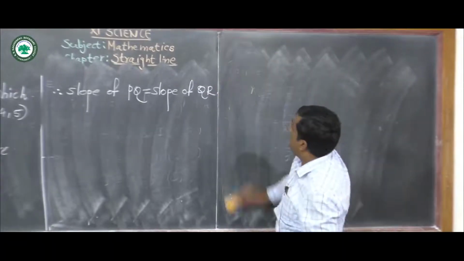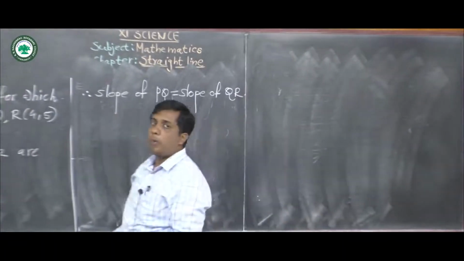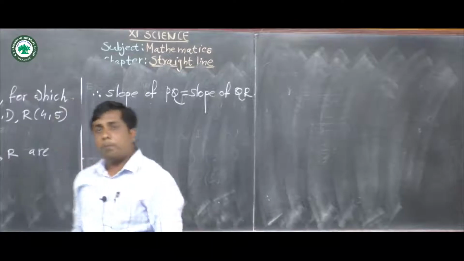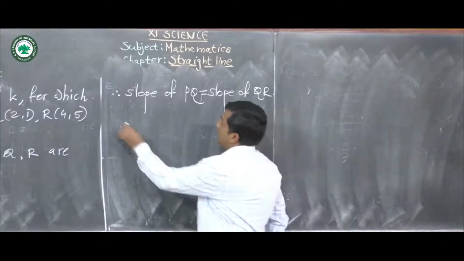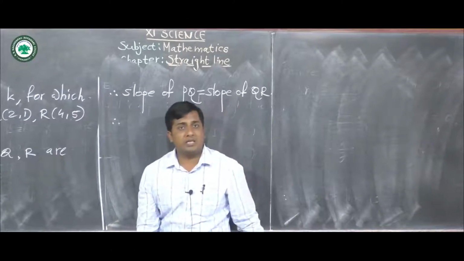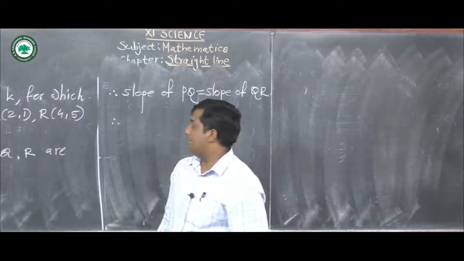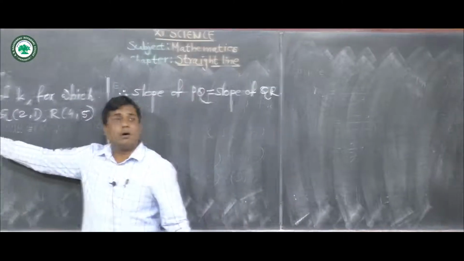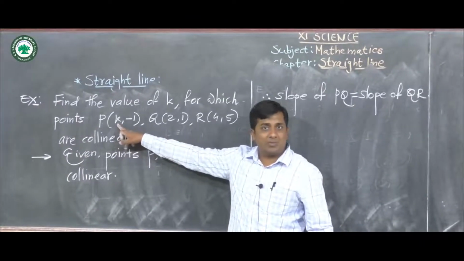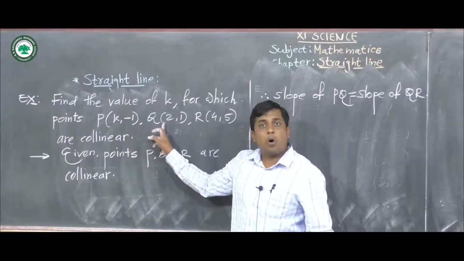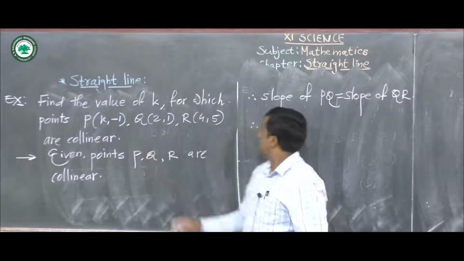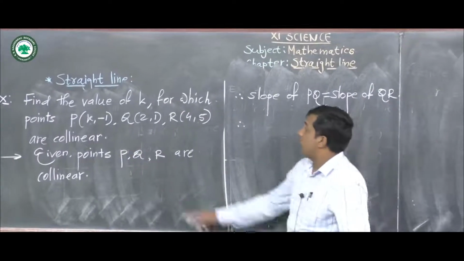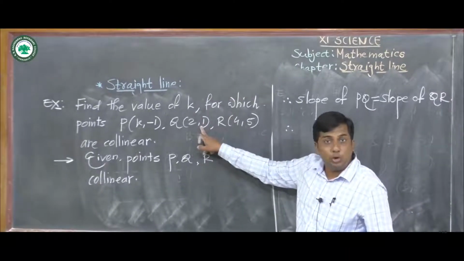Now we know how to find the slope of PQ and the slope of QR, using our formula y2 minus y1 upon x2 minus x1. Let us consider the coordinates of point P as x1, y1 and the coordinates of point Q as x2, y2. To define the slope we consider y2 minus y1 in the numerator.